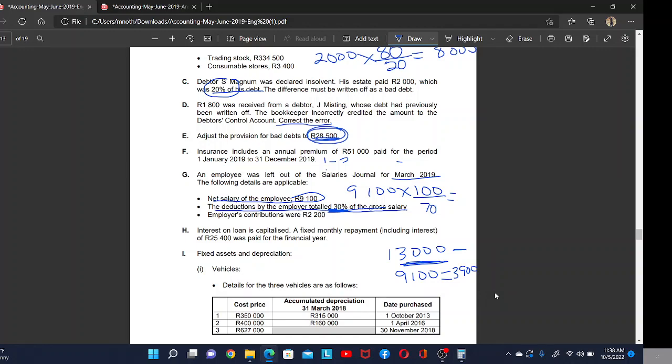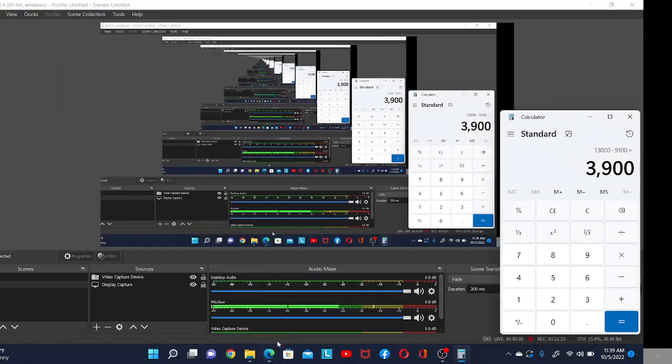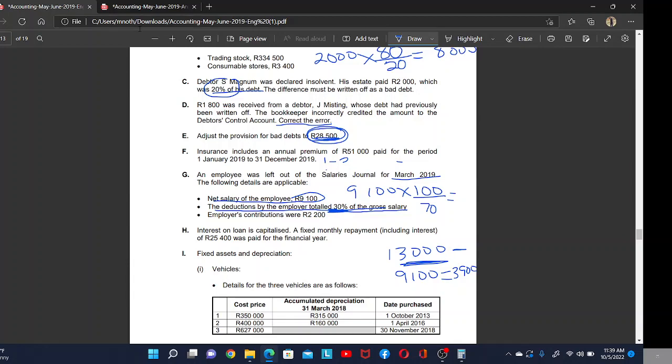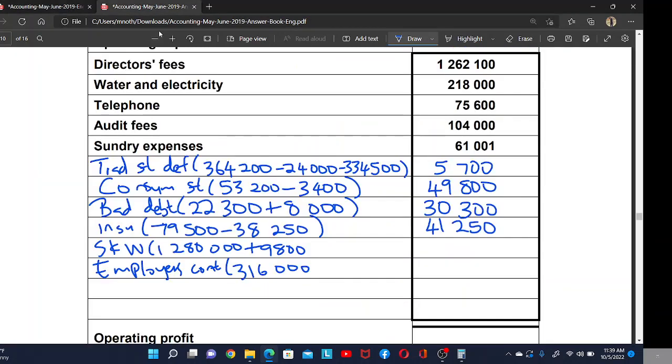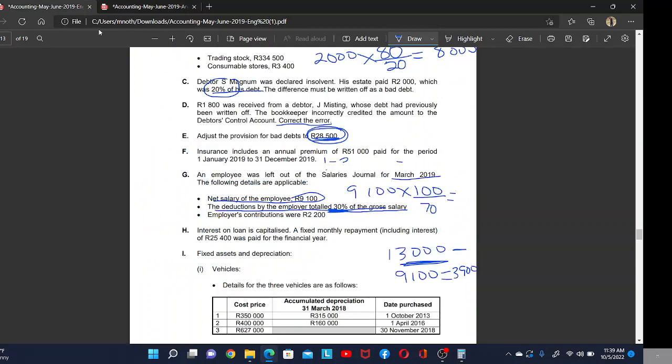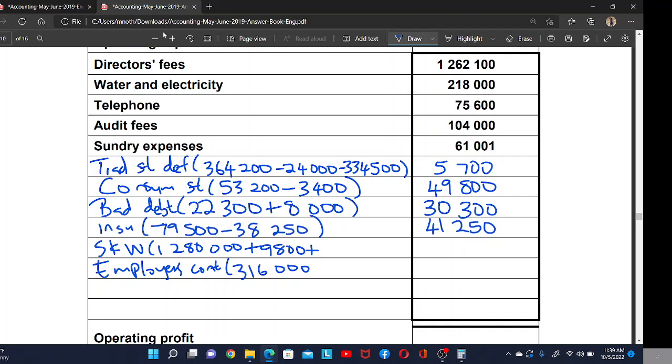These are the deductions. So remember, the money that is going to your salary is the gross salary. Because we only added the net salary, we must also add the deductions, which are 3,900, plus 1,280,000, which is equal to 1,293,000.